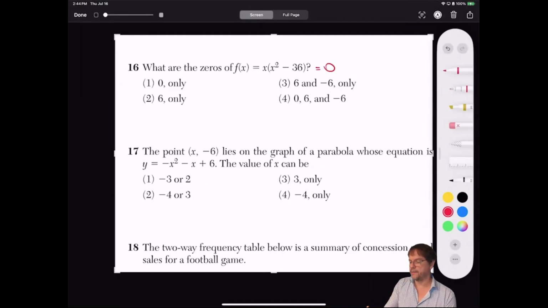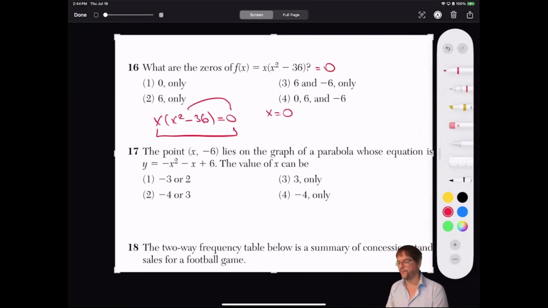When I equalize a factorized form to 0, either this is 0, or this is 0. So, either x is 0, okay? Or x squared minus 36 is 0. So, x squared is equal to 36, x is equal to plus or minus the square root of 36, x is equal to plus or minus 6.